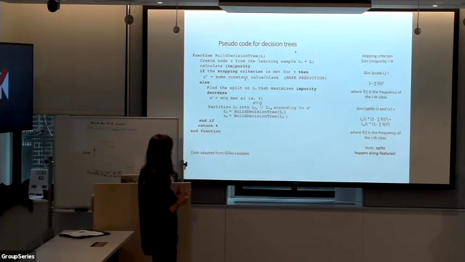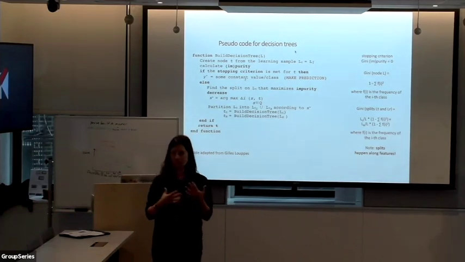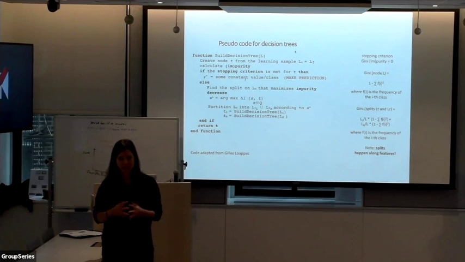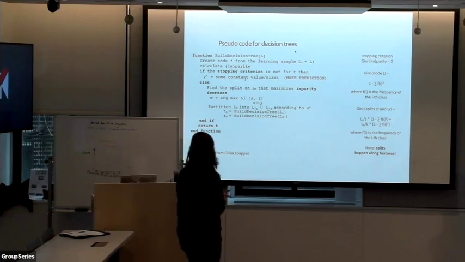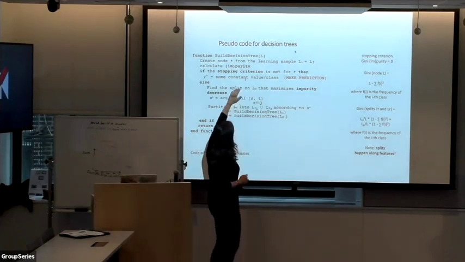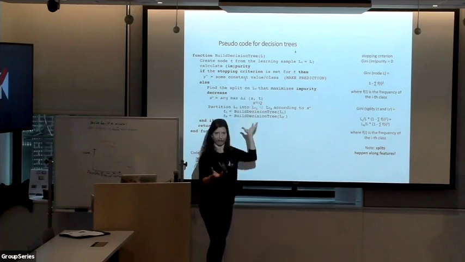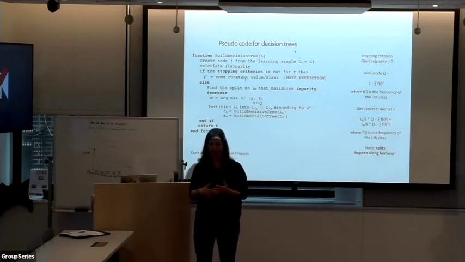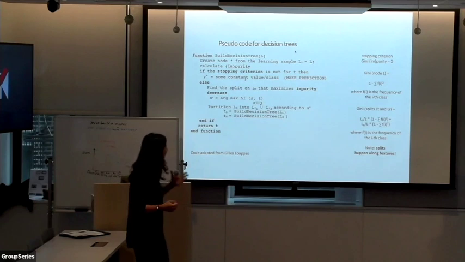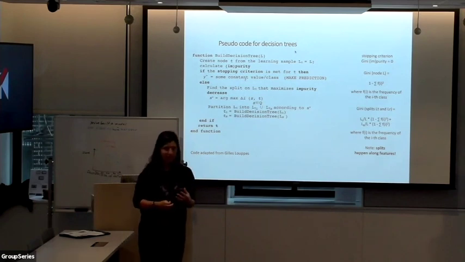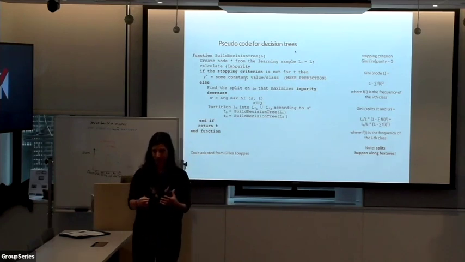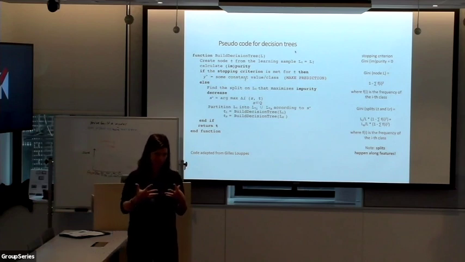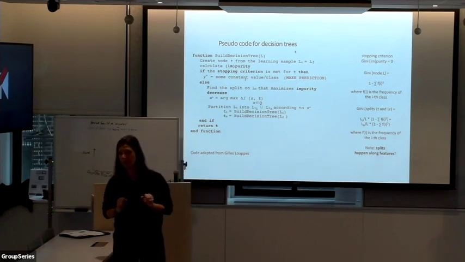Then we want some sort of criterion. Usually to define this criterion, we define either the purity or the impurity, depending on whether you're a half full or half empty type of person, of your data set. You need some mathematical measure of how mixed the objects in your box are.